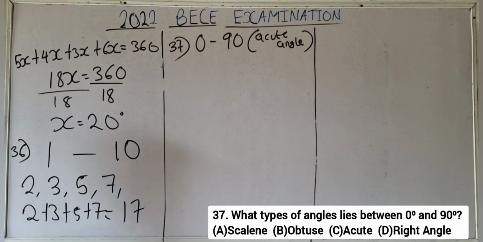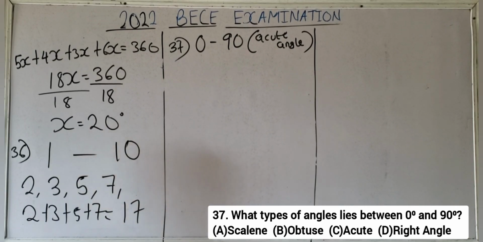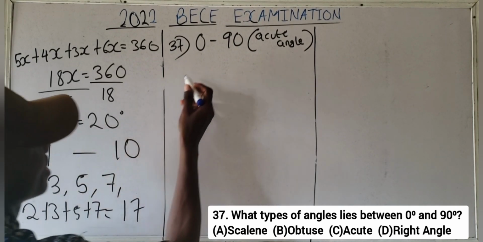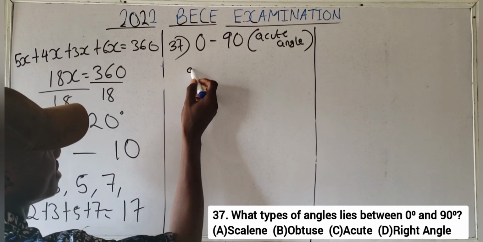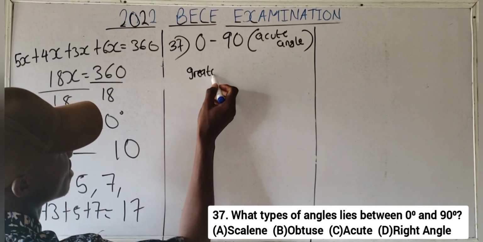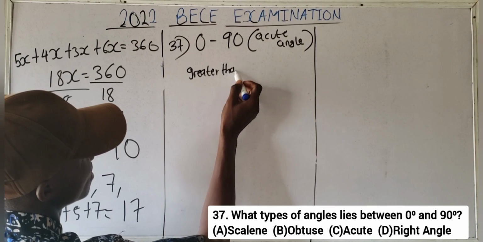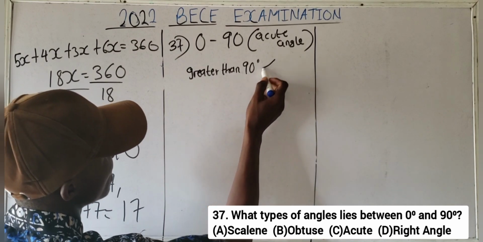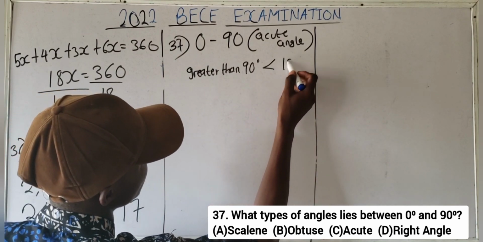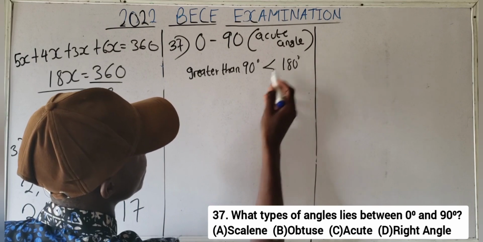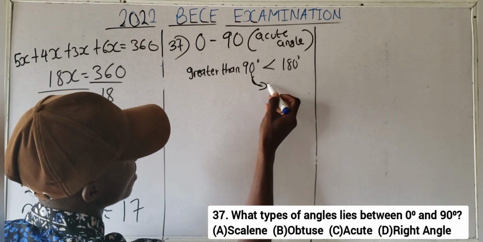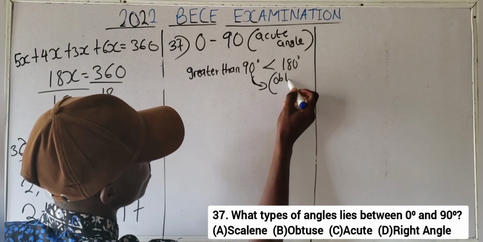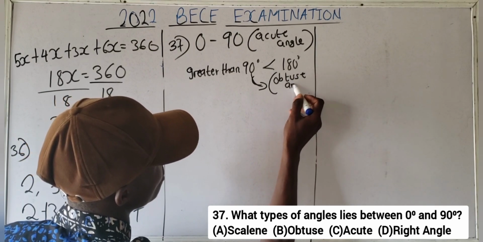Such angles are called obtuse angles. Do you understand?